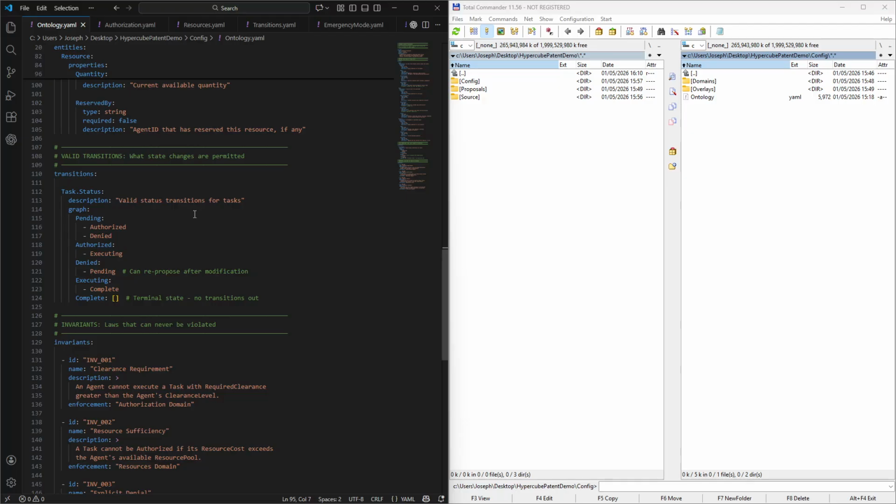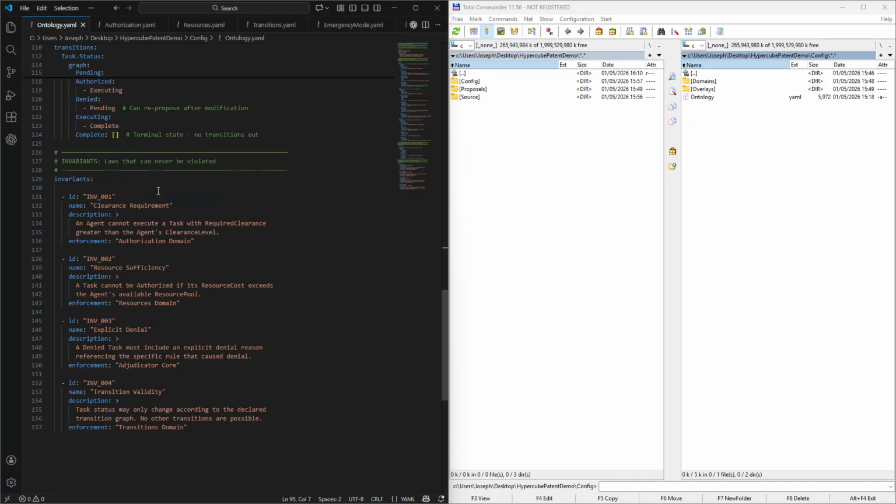Then we declare valid transitions. A task can go from pending to authorized, but never from complete back to pending. These transitions are the only ones possible. If it is not declared here, it cannot happen.